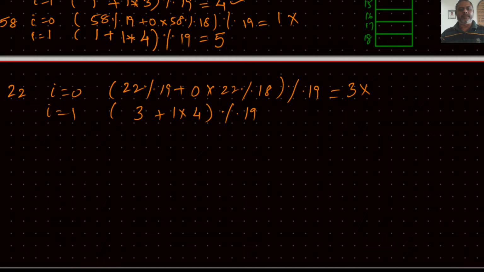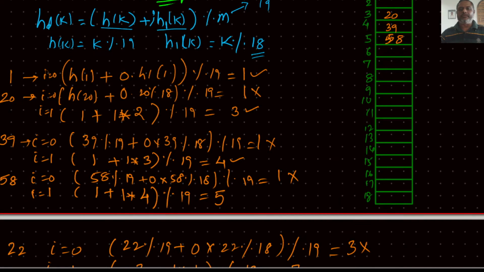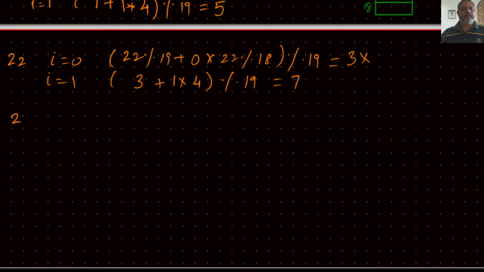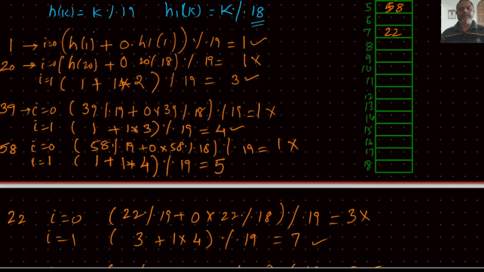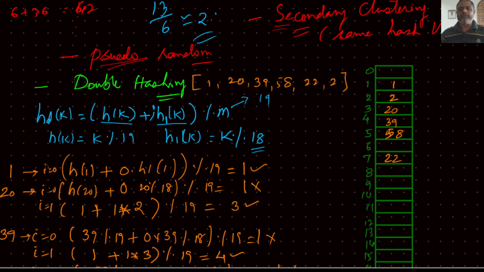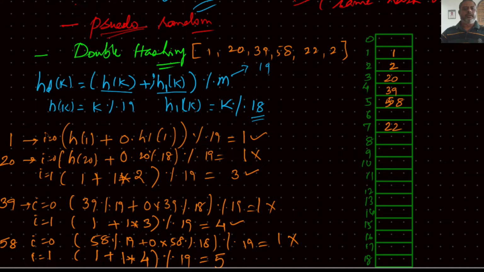So that is 7 mod 19, which is 7. So 7 is not used. So 22 gets position 7. Then comes 2, i equal to 0. 2 mod 19 plus 0 times 2 mod 18, total mod 19. So 2 mod 19 is 2. And luckily location 2 is free. So it gets 2.